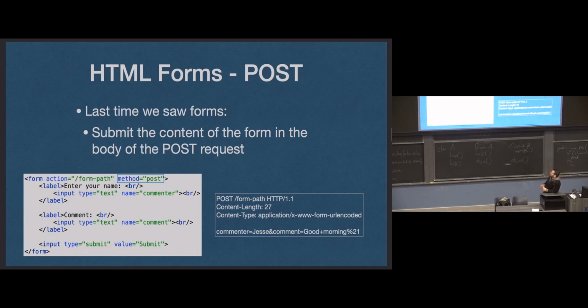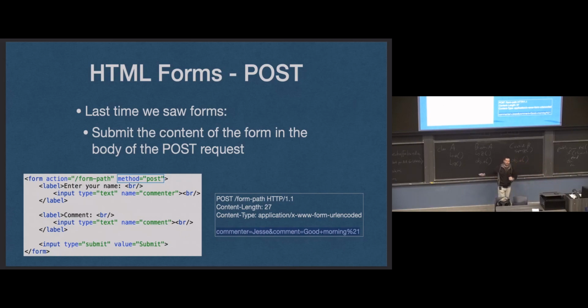We started with HTML forms where the method was get, and we saw that it was going to URL encode whatever the user typed in, and then put that as the query string right in the path, right in the URL. We changed the method to post, and that took that query string, kept the URL encoding, and put it in the body of the request. And then last time we diverted over to AJAX.